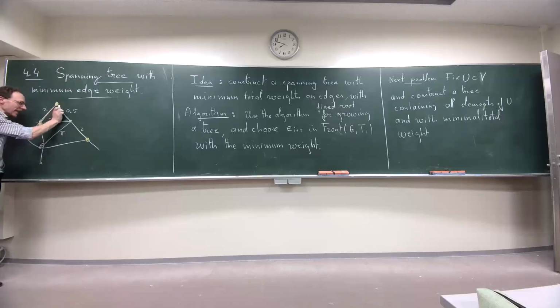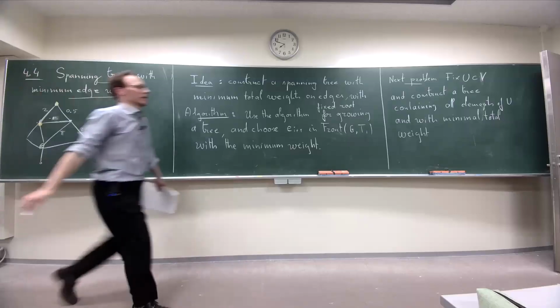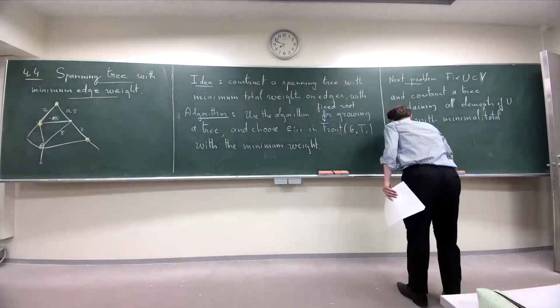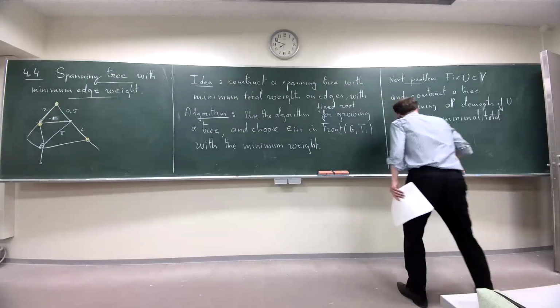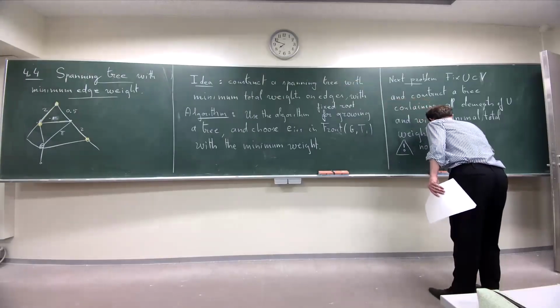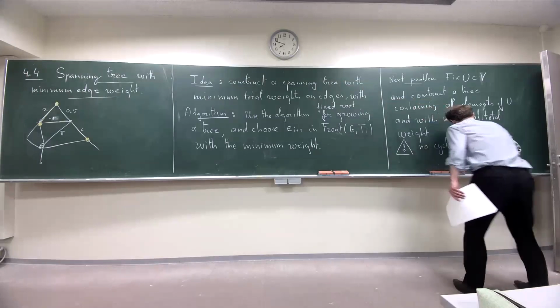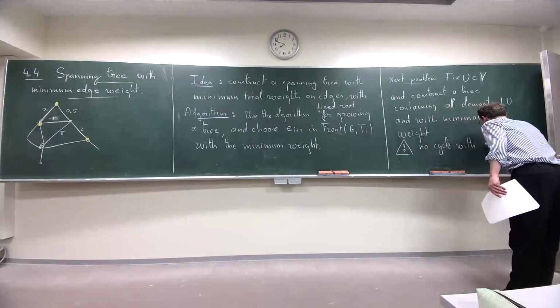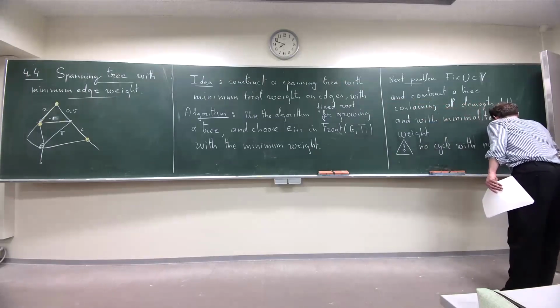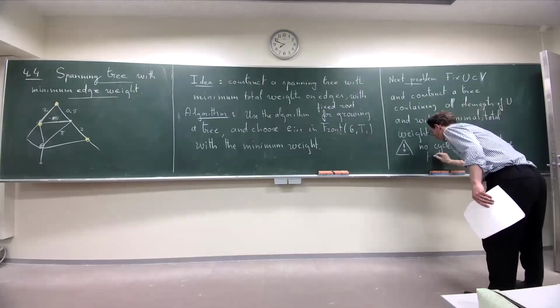You can have negative numbers, as long as any cycle still has a positive total weight. Just be careful about this. So let me put a note: careful, no cycle with negative total weight.